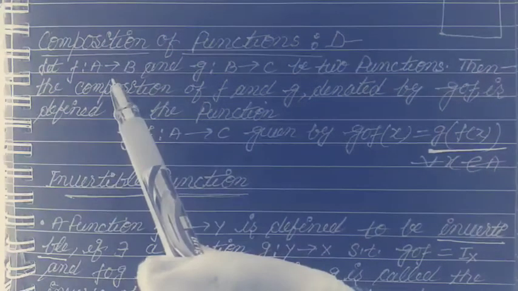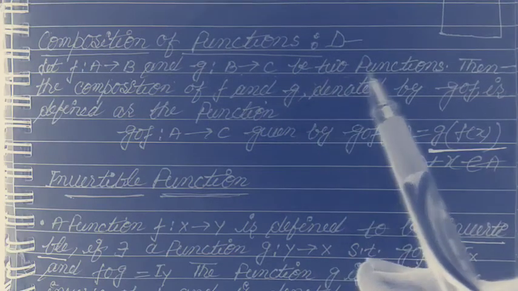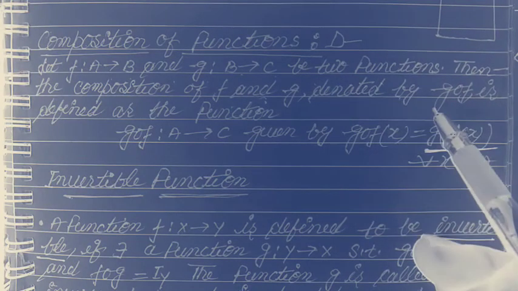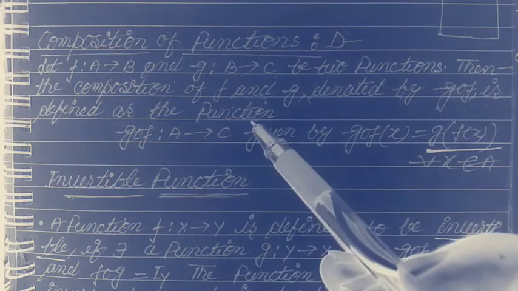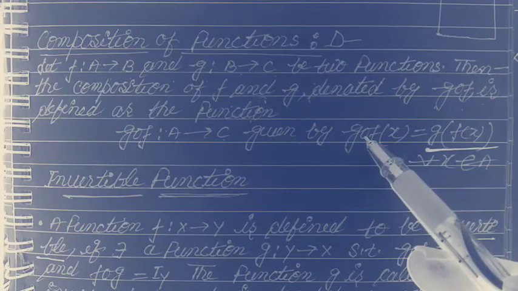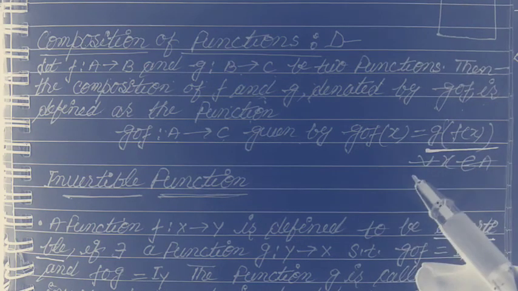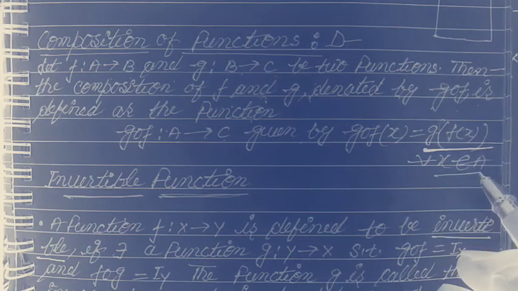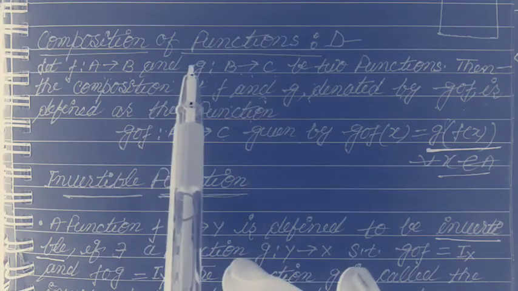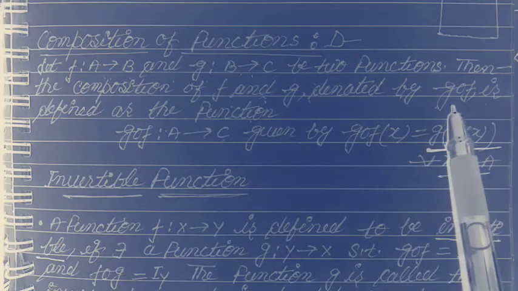Let f such that A tends to B and g such that B tends to C be two functions, then the composition of functions f and g denoted by g of f is defined as the function g of f such that A tends to C, given by (g of f)(x) equals g(f(x)) for all x belongs to A. So we have two functions here, one is g and one is f and other is B.